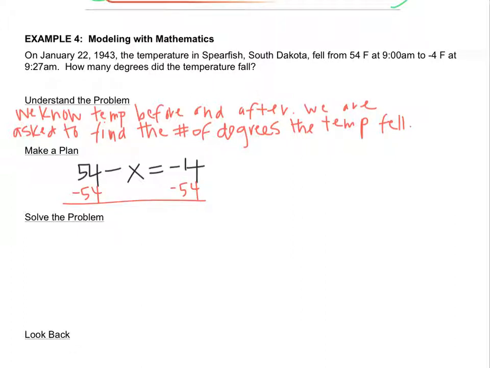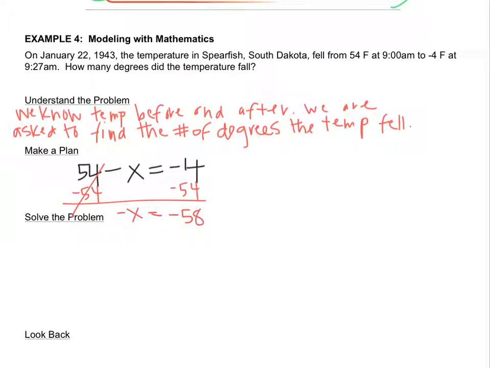Even though there's a minus sign over here, that doesn't apply to the 54, because then it would be over here if the 54 was subtracted or negative. So when there's no sign in front of a number, it's positive. So I'm going to subtract 54 on both sides, cross that out. And when I bring it down, I have to remember to bring it down as negative x. So negative x equals negative 58.